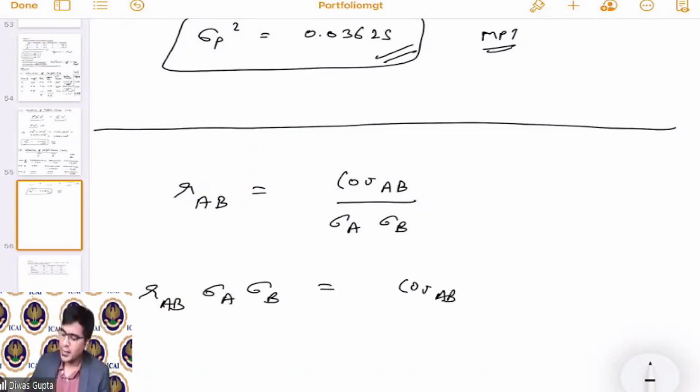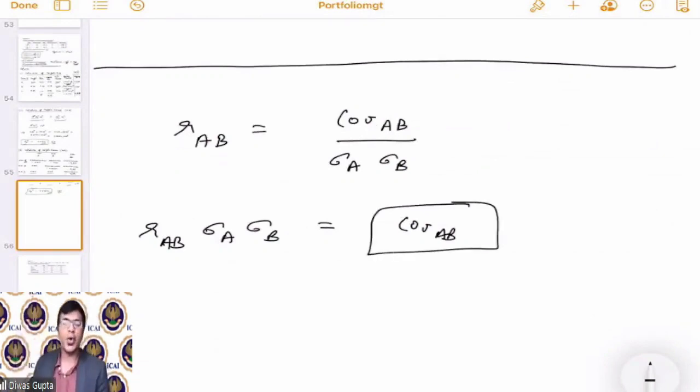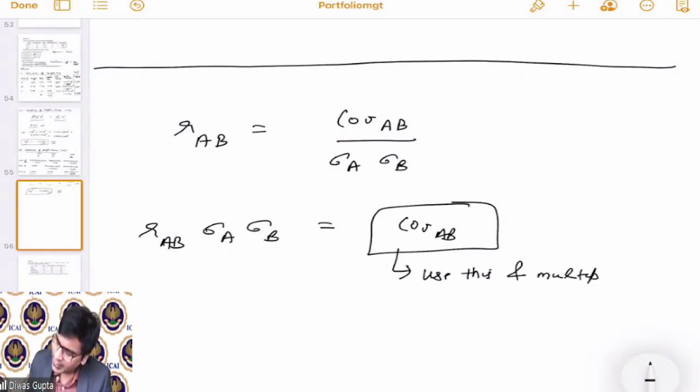Okay. Now, in the matrix approach, either we can use this and multiply with the respective weights of both row and column. So I am mentioning: use this and multiply with the weights of A and B, correct?